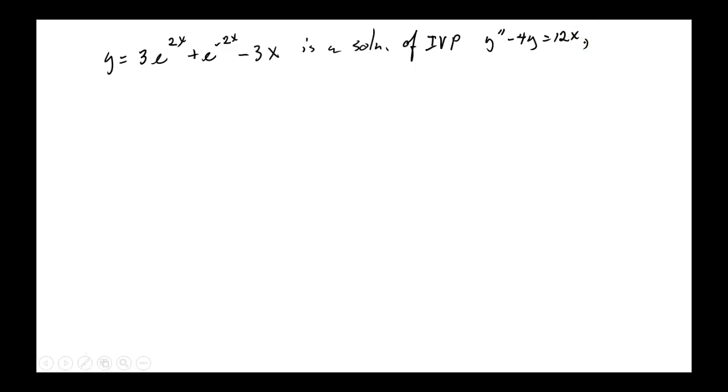Subject to, how many initial conditions do you need? 2, absolutely. y of 0, this time it's starting at 0, is equal to 4, and y prime of 0 has to be at the same value, 0, but it doesn't have to have the same value here. This one happens to be 1.